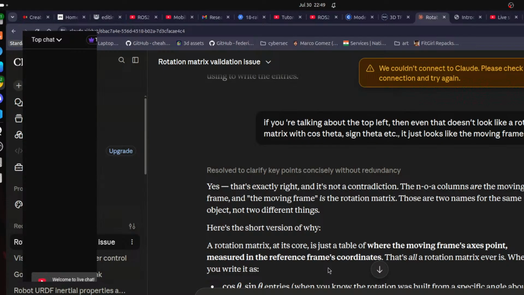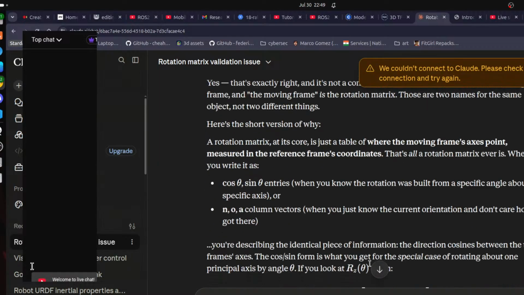Ah, the moving frame, the moving frame. Where the moving frame's axis point.